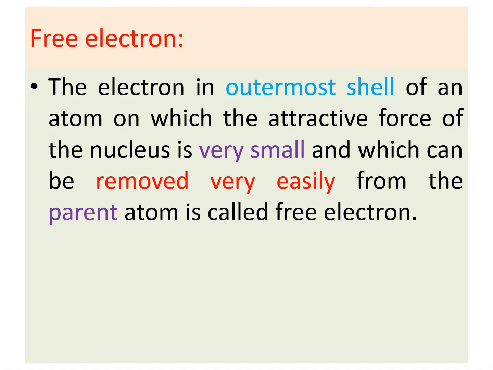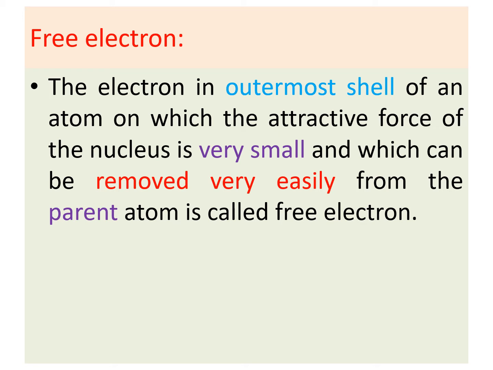Now, you have to understand the free electron. What is a free electron? A free electron is an electron in the outermost shell of an atom, on which the attractive force of the nucleus is very small, and which can be removed very easily from the parent atom.